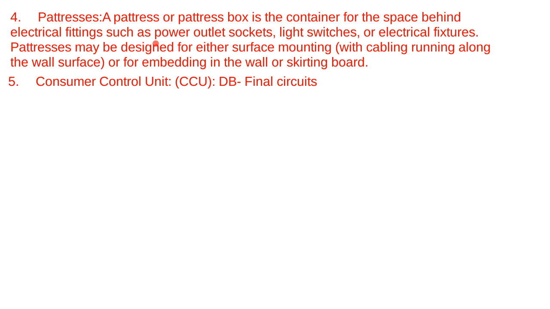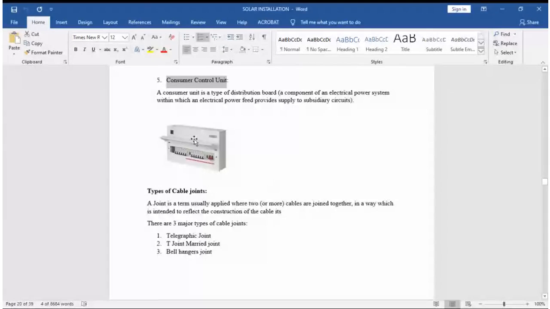So that is the CCU. I believe everybody has seen it, or maybe I need to share for those who are not as conversant. So there it is, the CCU. You can see inside the CCU, we have the main switch.